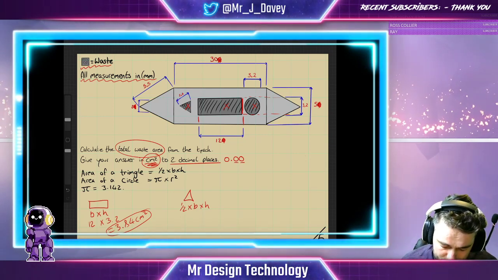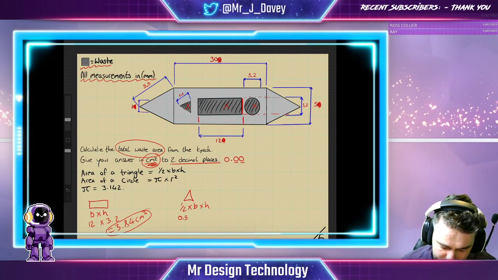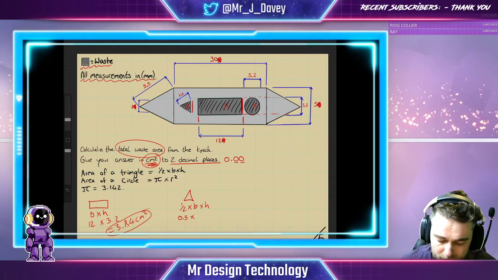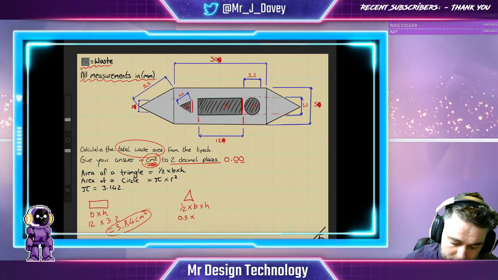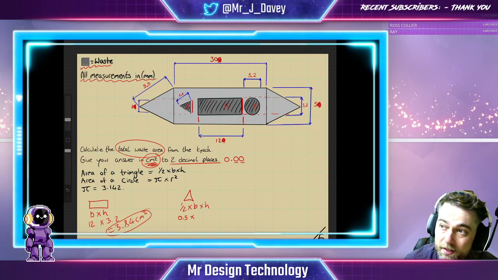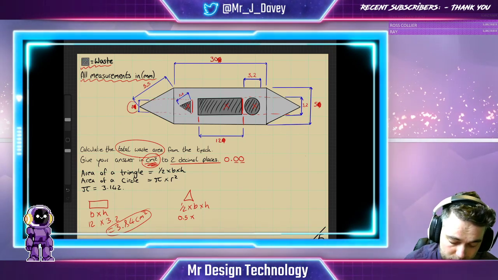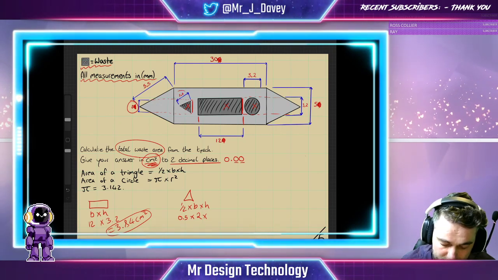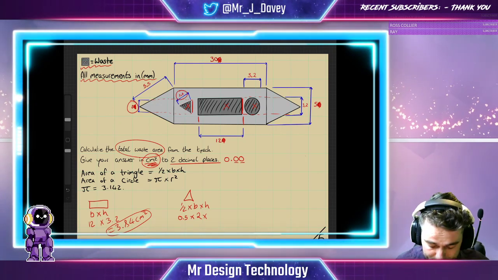Okay, so straight away I know that I've got to crunch 0.5 times something, the base of our triangle, which is this part here, which if we follow these lines across, we can spot is 2 times the height, which we know is 2.5.